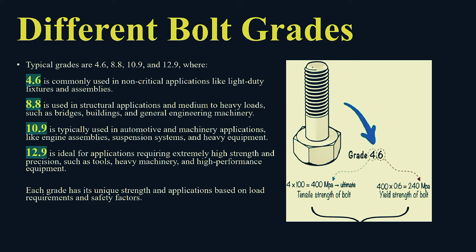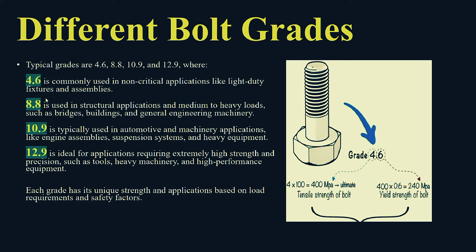When we discuss the different bolt grades, there are a few grades that are used. We will explain the applications of these grades. Grade 4.6 is commonly used in non-critical applications like light duty fixtures and assemblies.